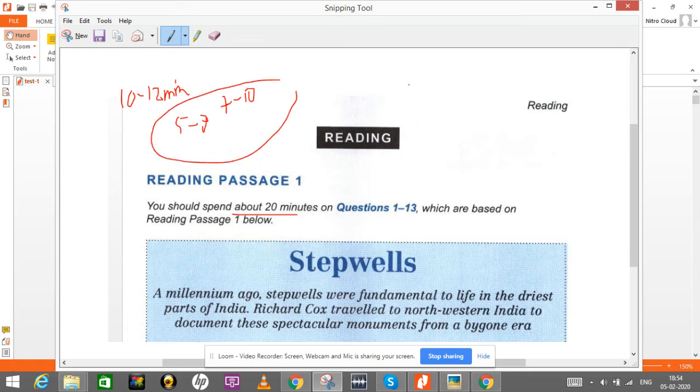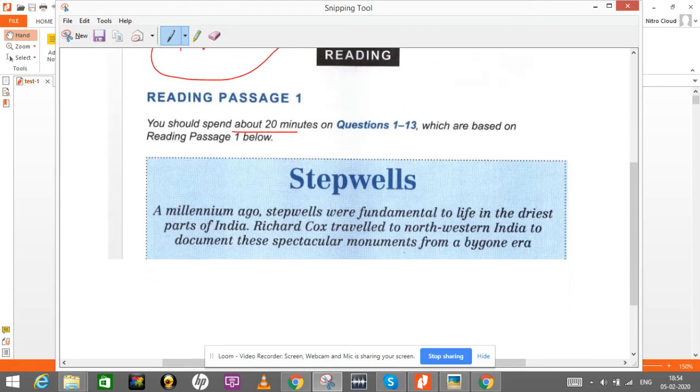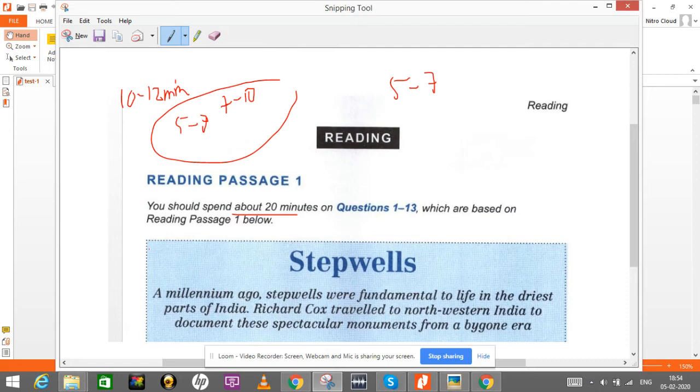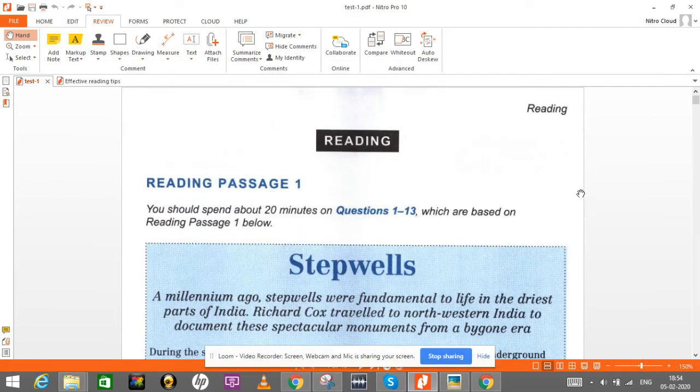If you can cut down your time to 5 to 7 minutes, see, there are 1500 to 2500 words, maybe. So if you can read it thoroughly, grasping the information, you will be able to locate the answer easily. Then you only have to justify your answers. Okay, so that is the strategy one.